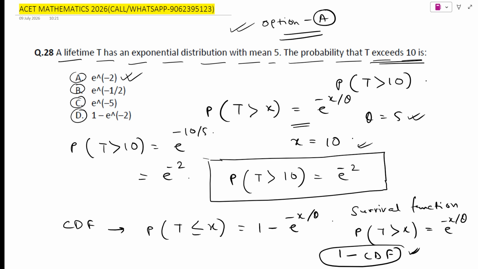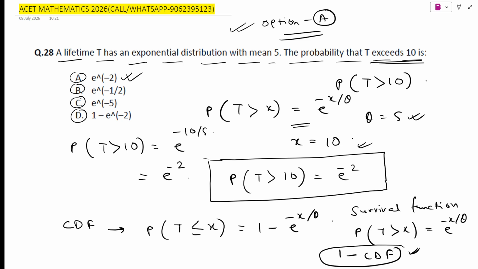Now, in the ACET examinations, exponential distribution questions generally fall into three categories. First, find the probability using the survival function. Second, find the mean or the parameter using a given probability. And third, find the variance or the standard deviation.